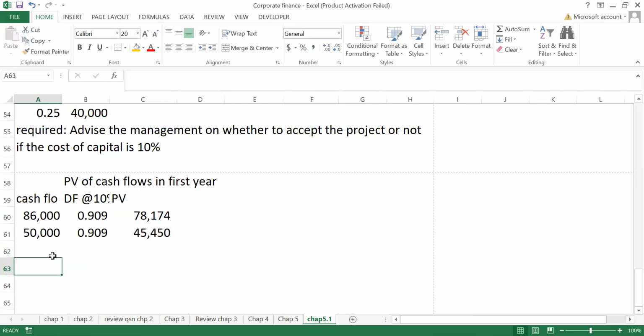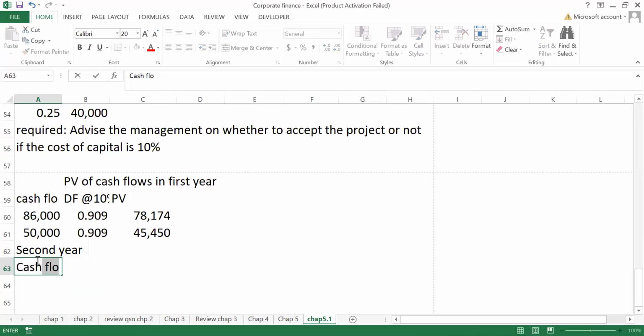Now, what about the second year? On the first year, discounting factor is 10%. That's the discounting factor. So what are the cash flows in the second year?